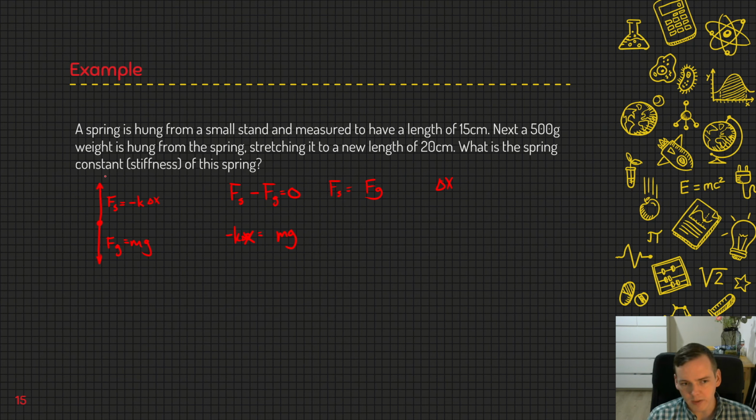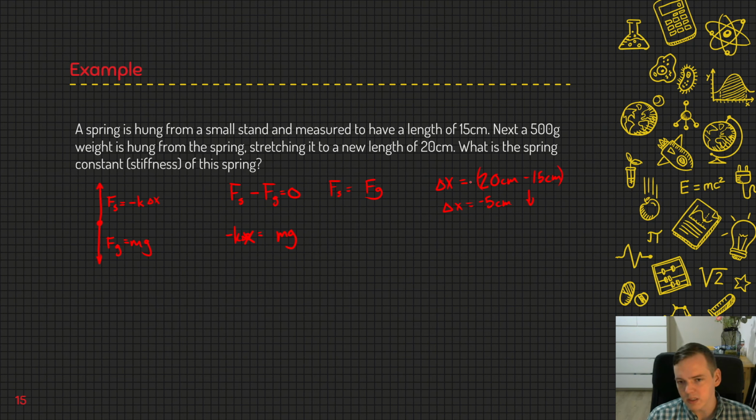Well, originally it was 15, and then it stretched to 20. Because, you know, if we think about it, that's not a good way to present it. I'm getting ahead of myself trying to get the right signs in, but let's talk about it. Final minus initial, so 20 minus 15. Delta x equals 5 centimeters, but it's 5 centimeters down, so it should be negative.